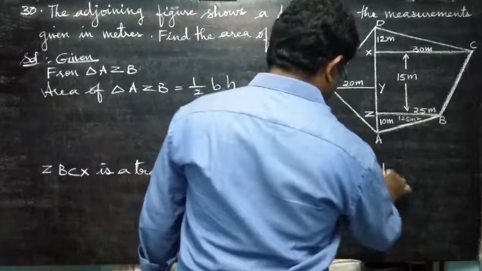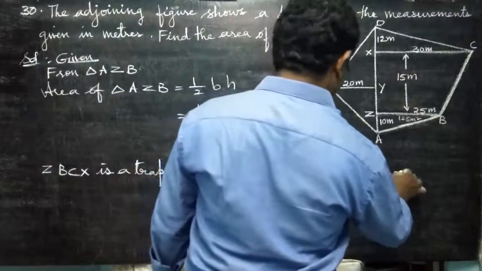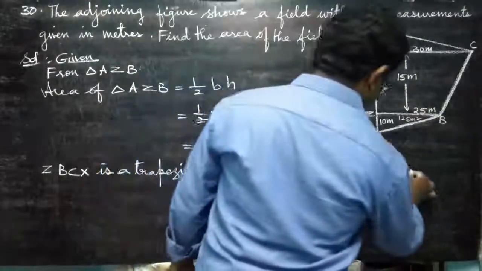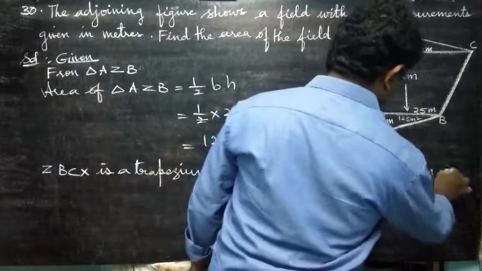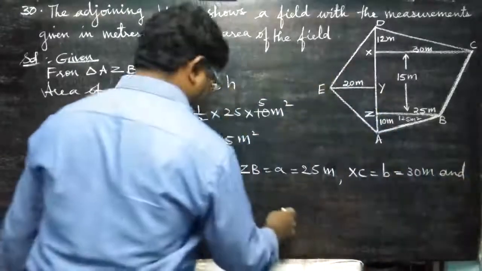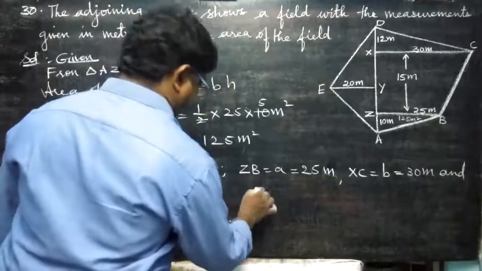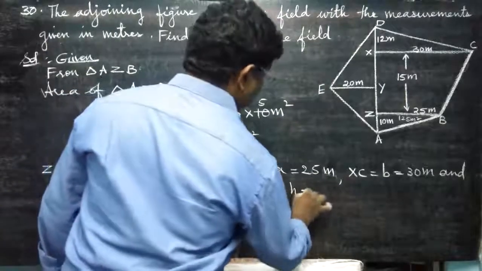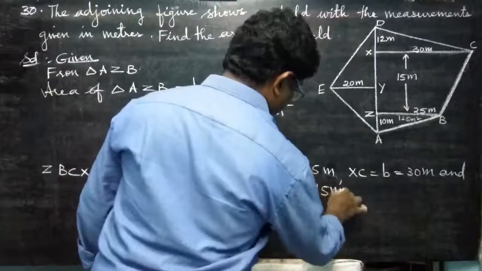XC we will think as B, that is equal to 30 meters, and height they have given H. XZ, that is equal to H is equal to 15 meters.